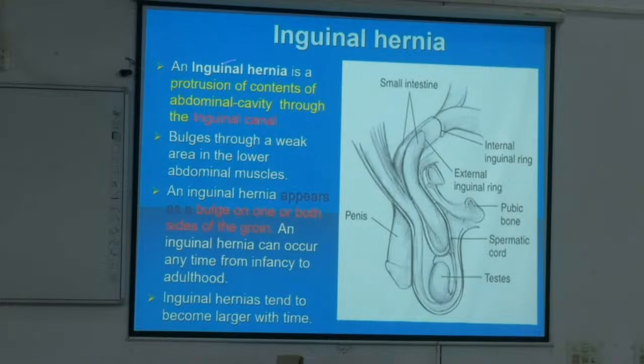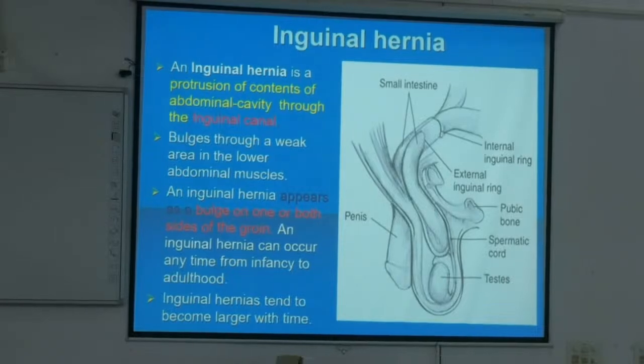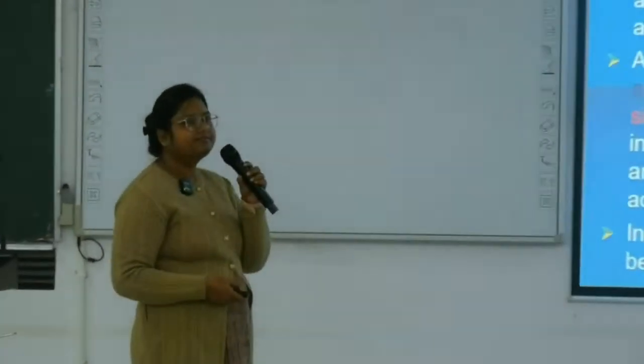An inguinal hernia bulges through a weak area in the lower abdominal muscles and appears as a bulge on one or both sides of the groin. An inguinal hernia can occur any time from infancy to adulthood. Inguinal hernias tend to become larger with time due to straining. During defecation, micturition, you have to strain, so the hernia will increase.